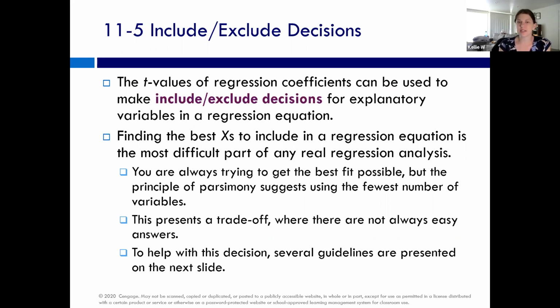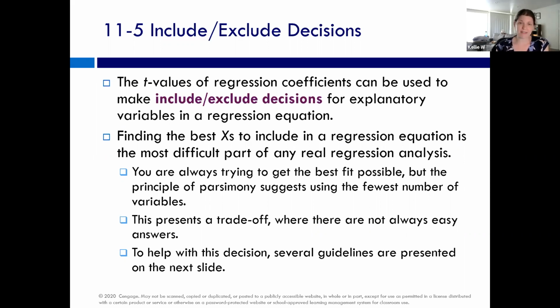In the graduate data analytics courses, we actually talk about and compare different methods for doing this, like stepping in, stepping out. You can do it by the one that has the highest p-value, drop it, then run it again. So basically trial and error. So there's a lot of ways.